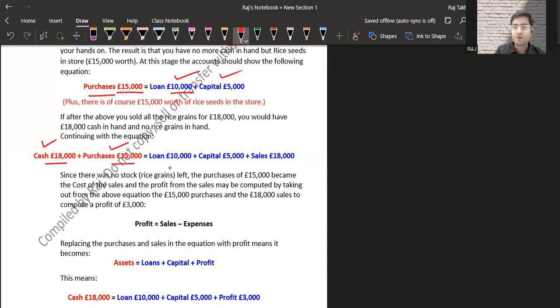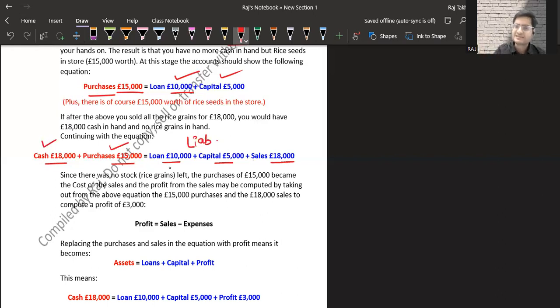So the total on the left hand side will go up to 33,000, and on the right hand side I can say that loan and capital are the two liabilities that I had. Along with these two, I have the figure of sales, which can be considered as an income. I'm also getting an income because of the transaction that I've done in the market. I've quoted a profit of 3,000 pounds and then I've sold this.